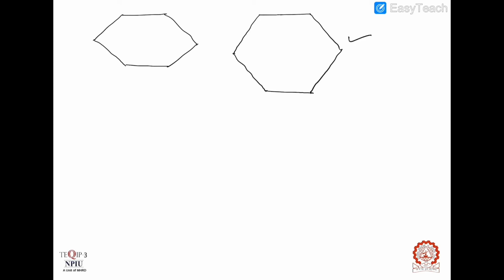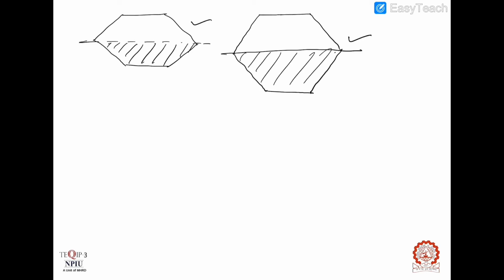This is a regular hexagon and this is an irregular hexagon. Half of this hexagon will also be a most economical trapezoidal channel section, and half of this regular hexagon will also be a most economical channel section. Is it clear? This thing we should keep in mind.